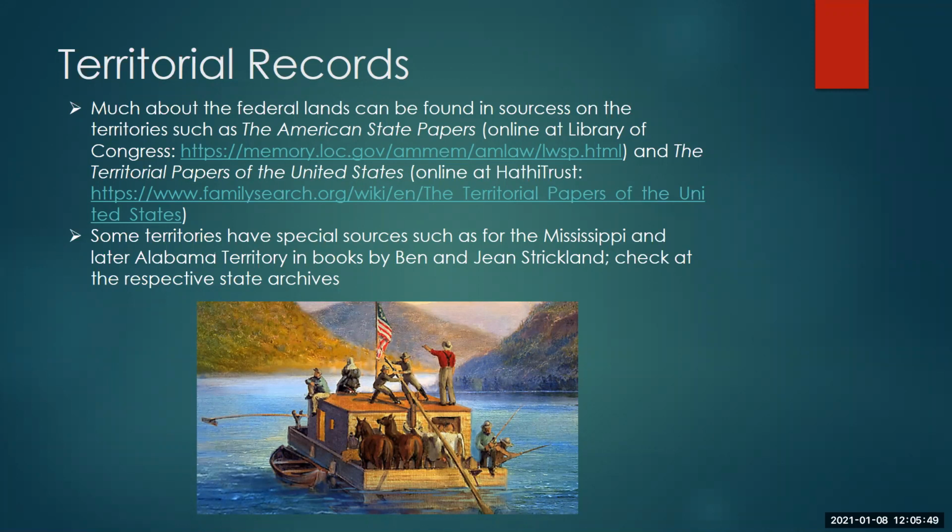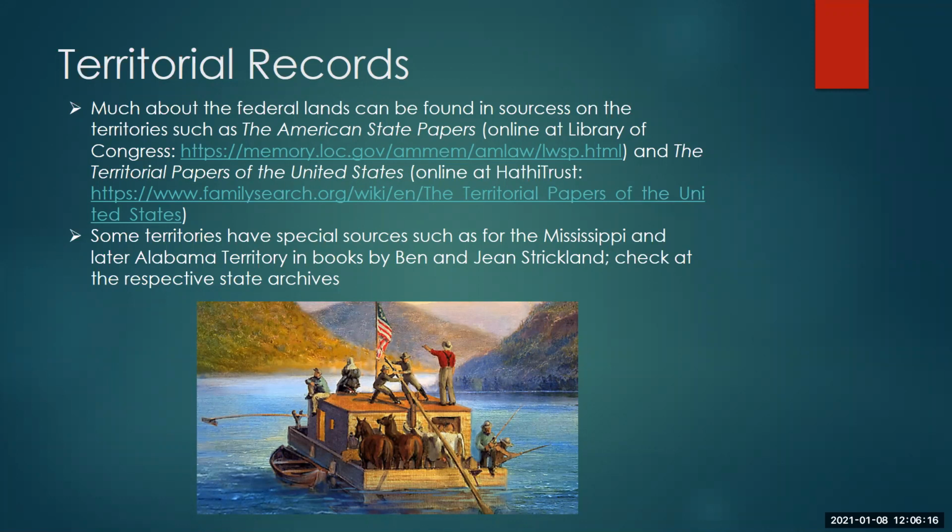A second set of published records is called the Territorial Papers of the United States. And these are online at HathiTrust. HathiTrust, by the way, is a wonderful resource for doing word searches and finding your ancestors and your family in books you've never heard of, but where they appear. Anyway, the Territorial Papers of the United States.